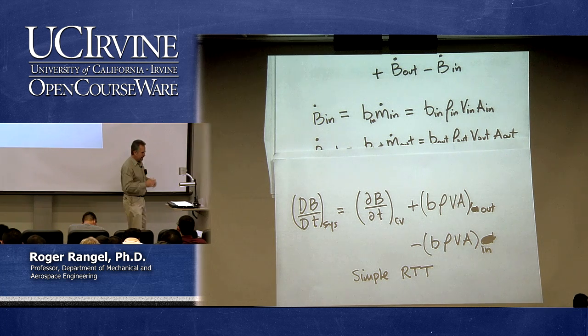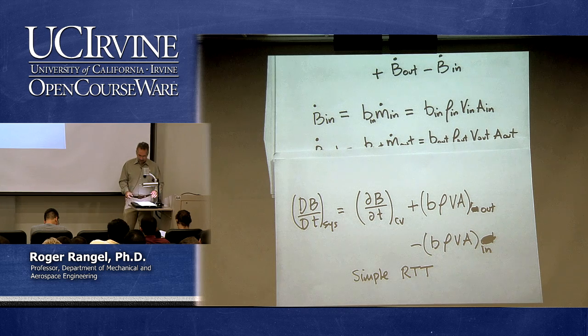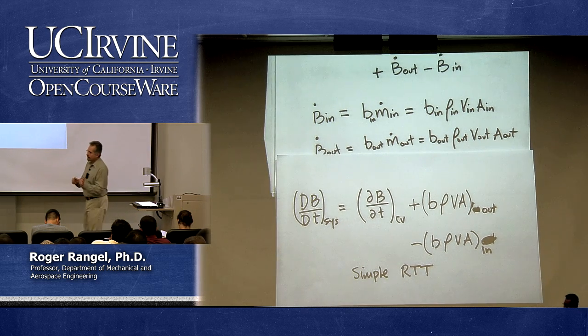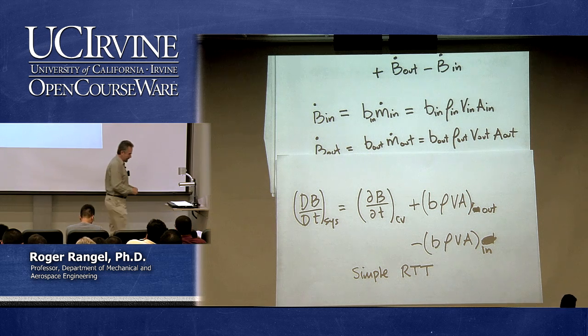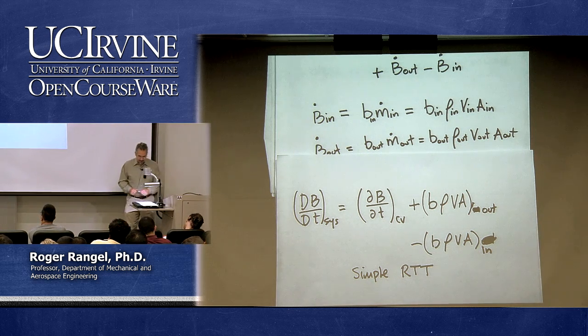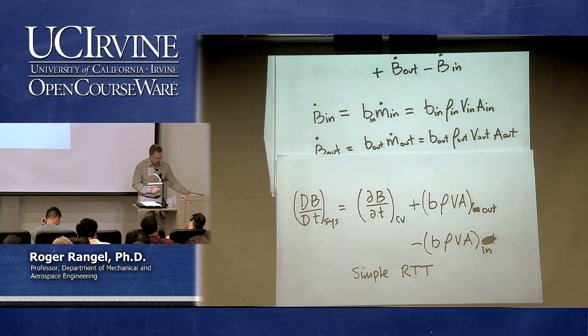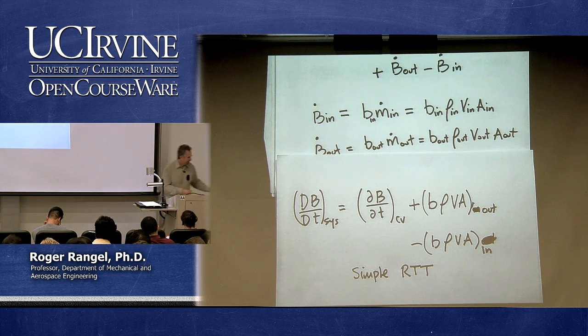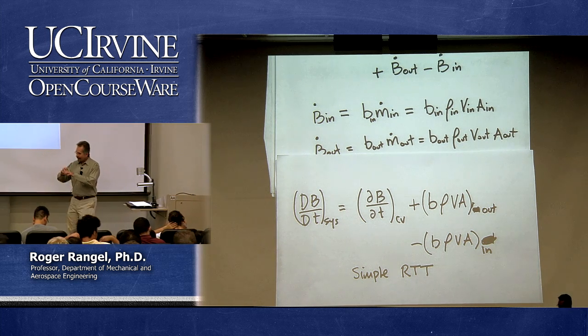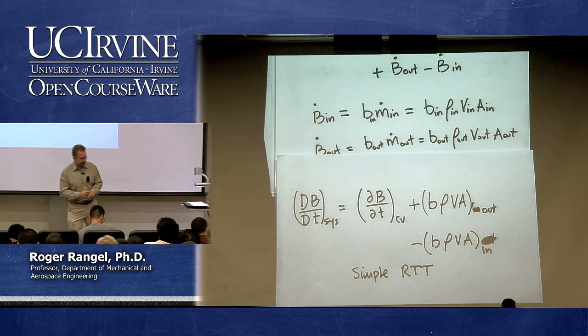And you say, wow, this seems so abstract. It'll be obvious what the practicality is when we look at examples, but that's how it comes about. It is a simple one. Let me see if I have time to, I guess I do, show you now a more comprehensive Reynolds transport theorem.